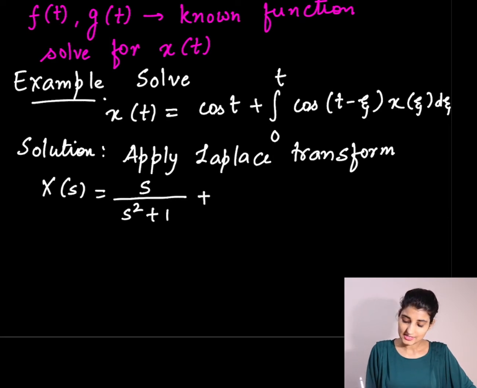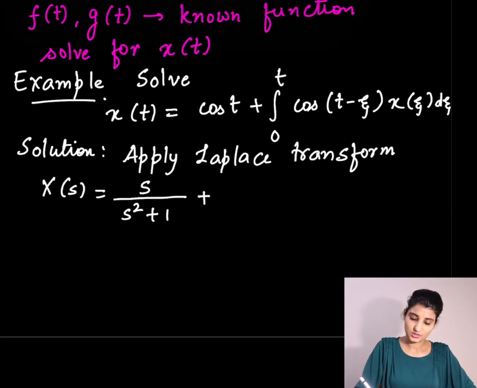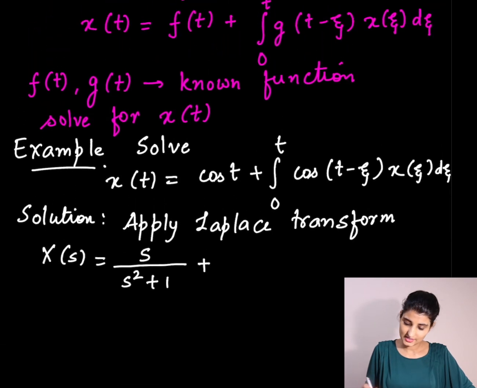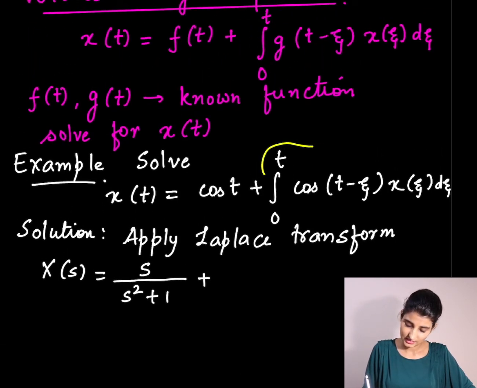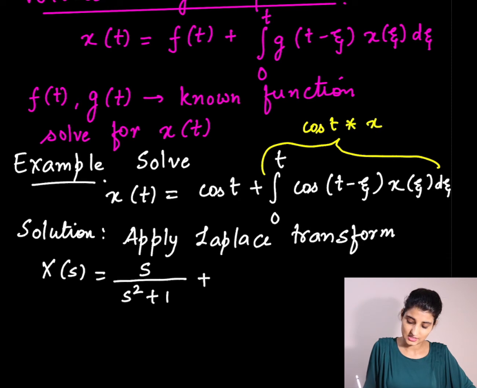Now this is convolution. This right hand side over here is the convolution of cosine t and x(t).